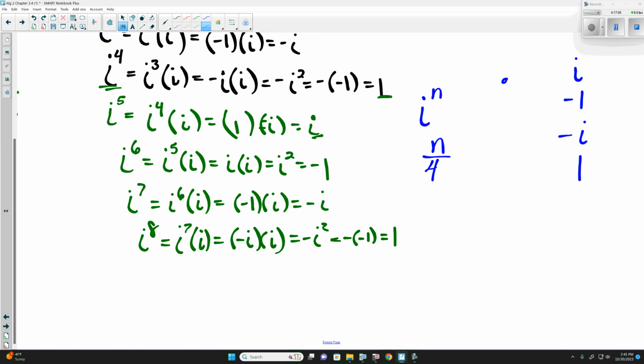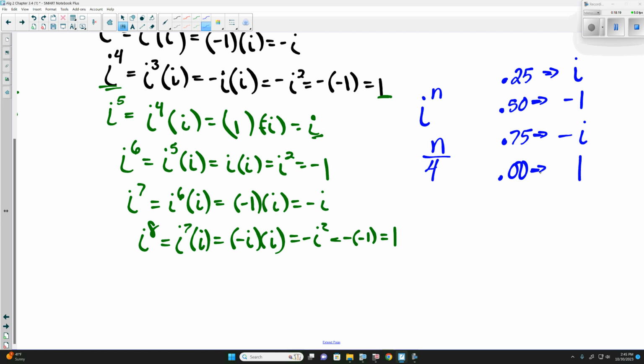If we divide the exponent by 4 and get 0.25, it's going to reduce to I. If it gives us 0.50, it's negative 1. If the decimal is 0.75, it's negative I. And if it's 0.00, it is 1.